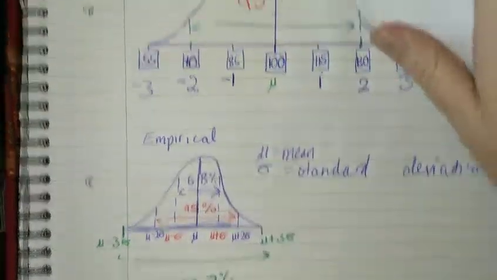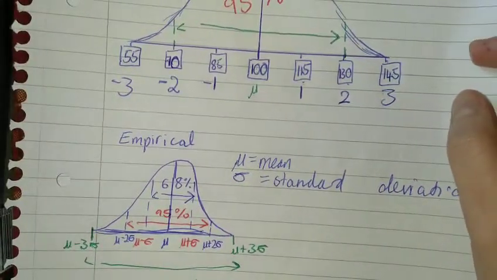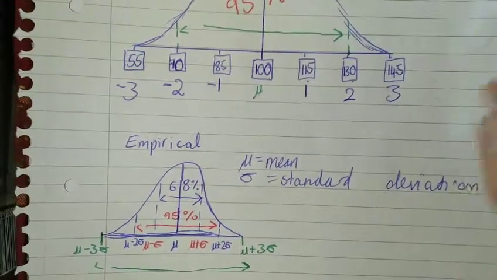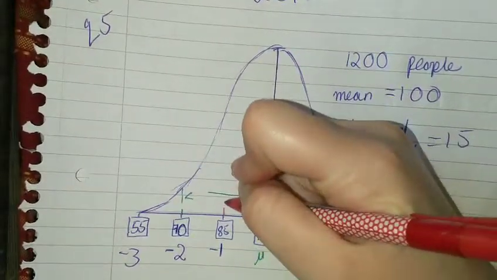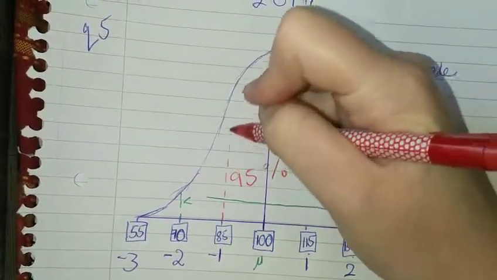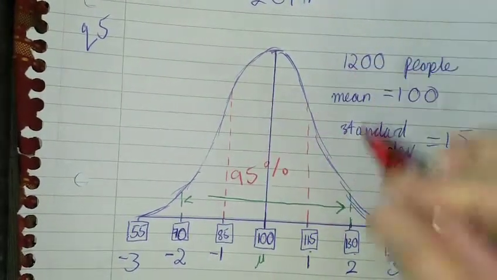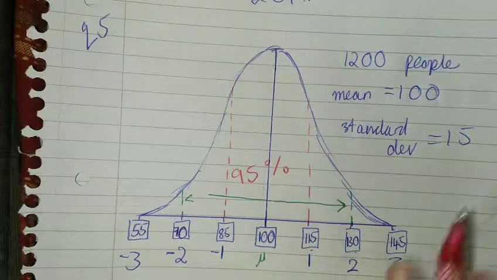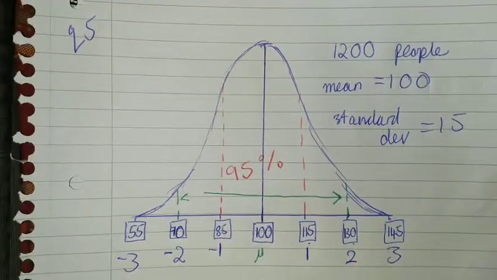In the next part, we're asked to use the empirical rule to approximate the number of people surveyed with an IQ score between 85 and 115. To get the percentage of the data between 85 and 115, here's our mean, this is plus 1 standard deviation, and that's minus 1 standard deviation.